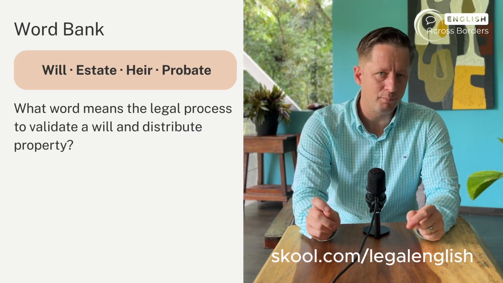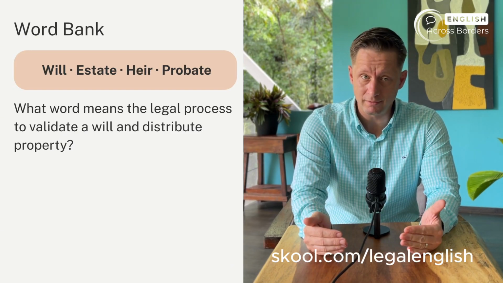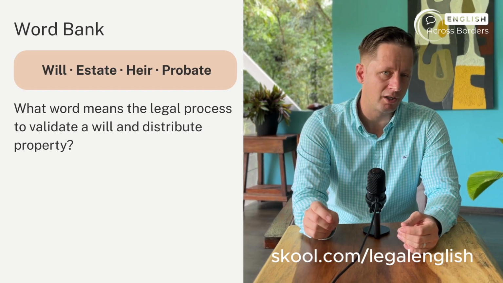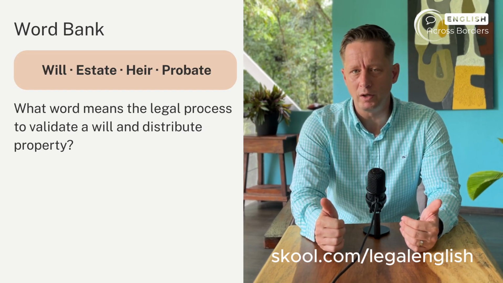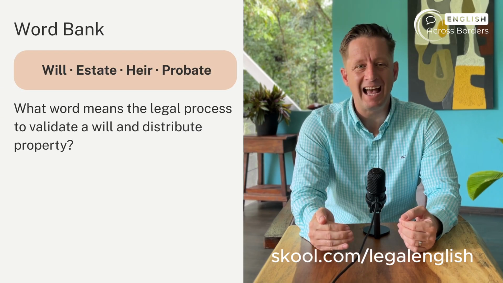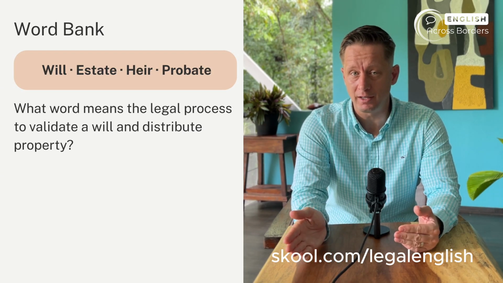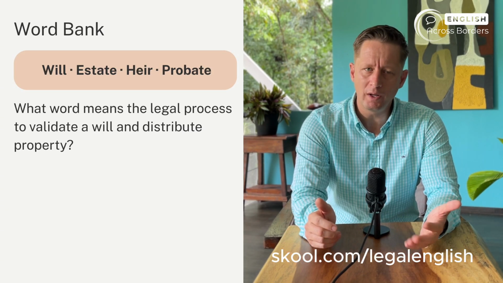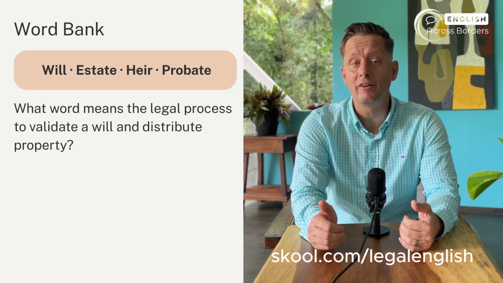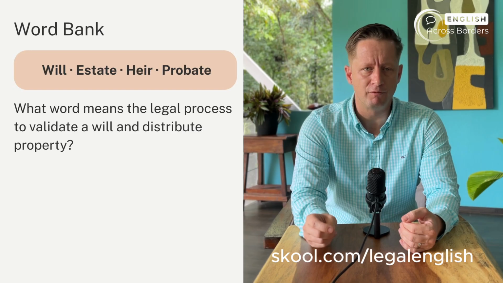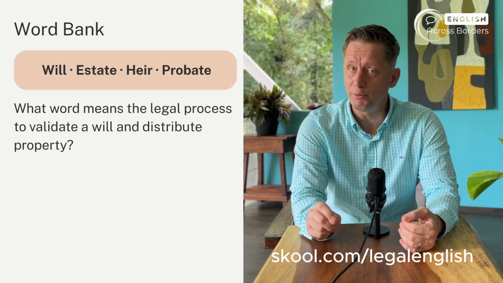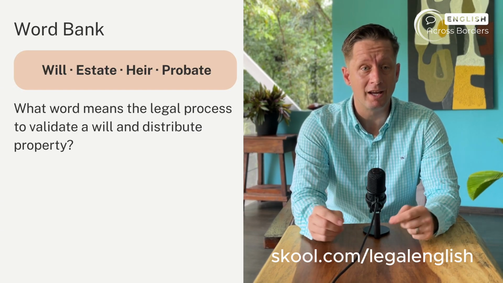Let's imagine a real situation. Your client, Miss Smith, is from the United States, but owns a house in a country in Latin America. She says, I already made a will, but how will my children actually get the house after I die? You explain, the will is important, but it's not enough by itself. First, there is a legal process to confirm the will and to distribute the property to your heirs.